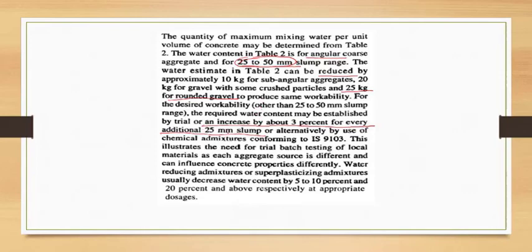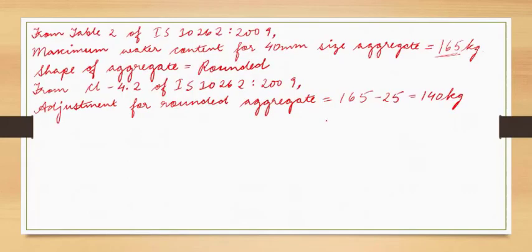For every 25 mm increase in slump we have to increase the water content by 3%. Here in the question the slump is 75 mm. So it has increased by 25 mm beyond the 50 mm. So if the increase in the slump is 25 mm, then the increase in the water content should be 3%. So let us write down, we have slump is equal to 75 mm.